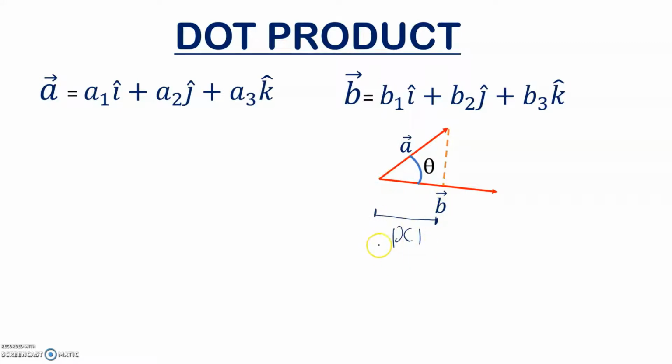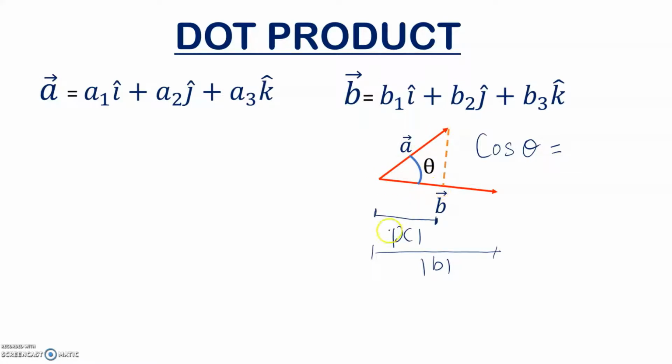We know that this whole length can be written as magnitude of B. So to find X, which is the projection of A on B, you can see that this is a right angle triangle. If I say cos theta for this triangle, where theta is the angle between the vector A and the vector B, then cos theta would be adjacent side over hypotenuse.